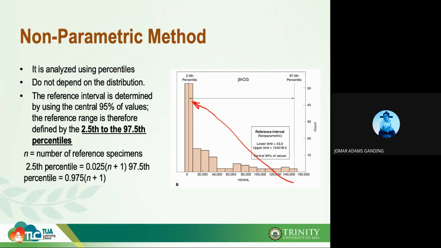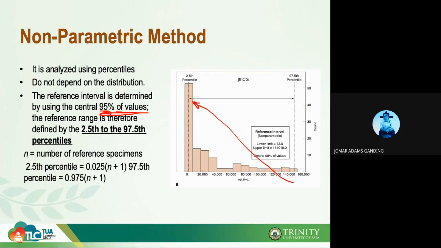I always want you to look at whether we are looking at the central 95% of the values. So if the reference interval rather is 95%, we would be following the 2.5 and the 97.5 percentiles.